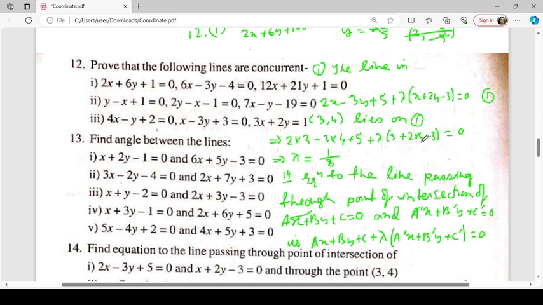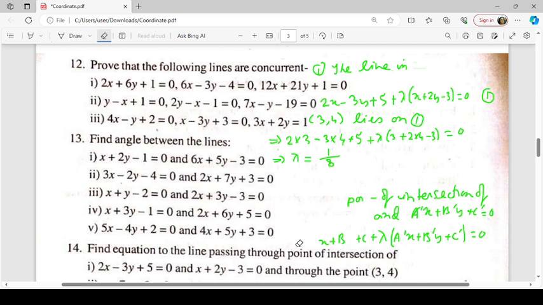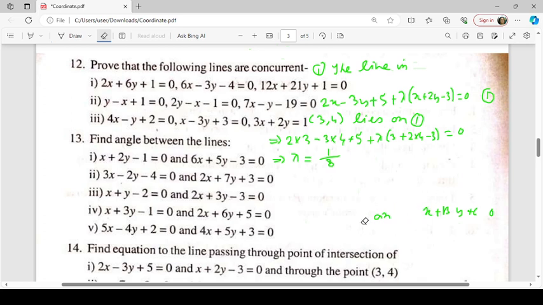So it is 1 by 8. Now we put 1 by 8 here and we'll have the equation. So here we write lambda equal to 1 by 8.